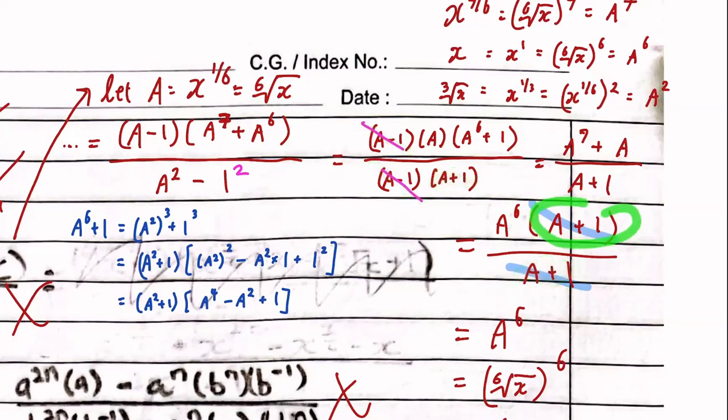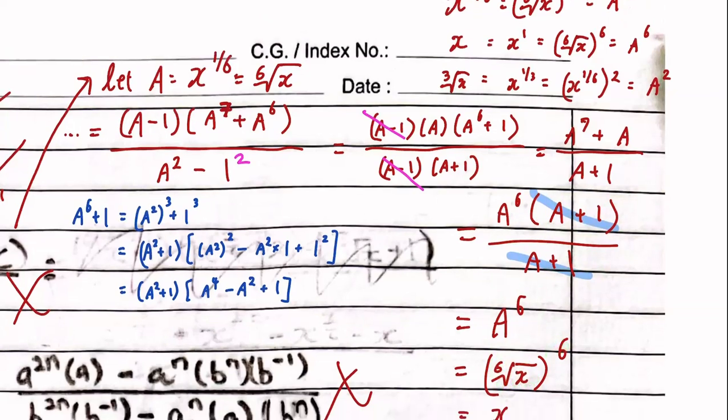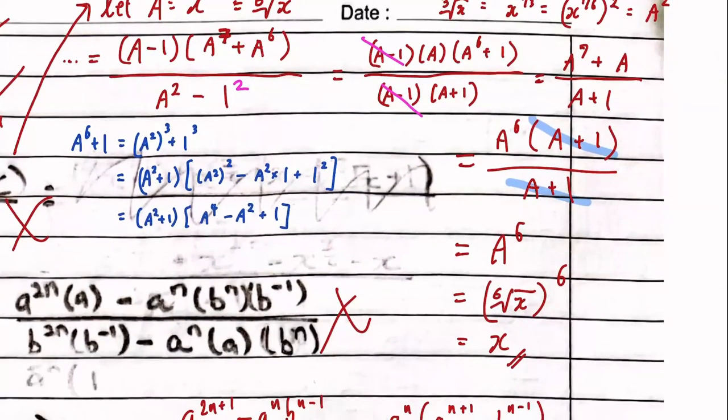But now numerator and denominator both got a plus 1. They can cancel off. So you're left with a power 6. Can you see that? What's a power 6? Just x. Yes, exactly. You raise to the power of 6 of the 6th root, you cancel each other off, you're left with just an x.